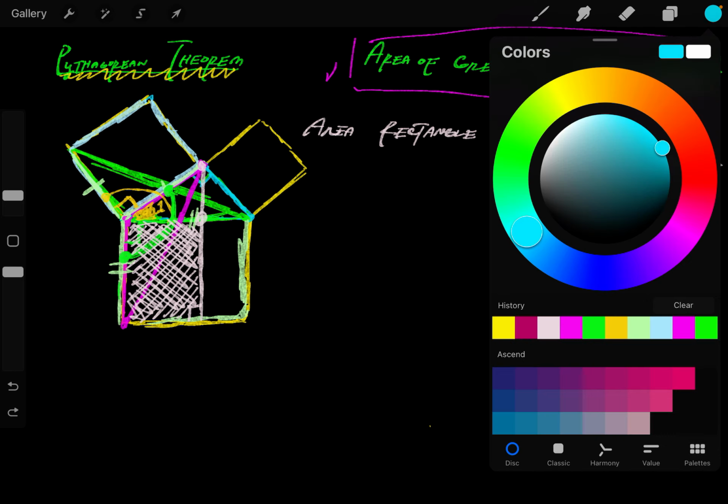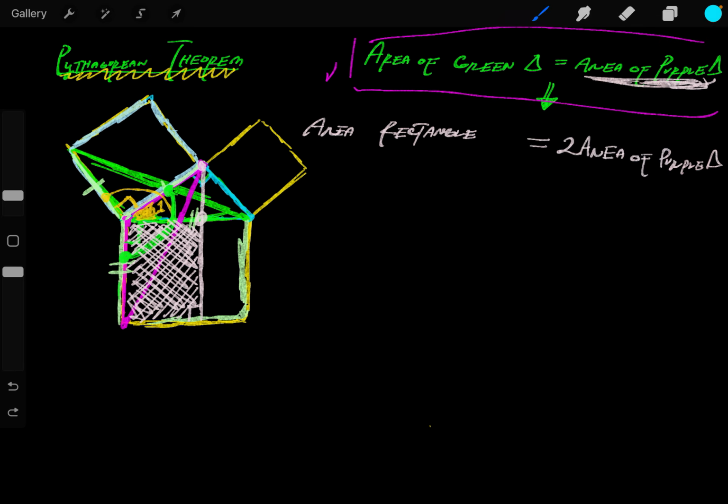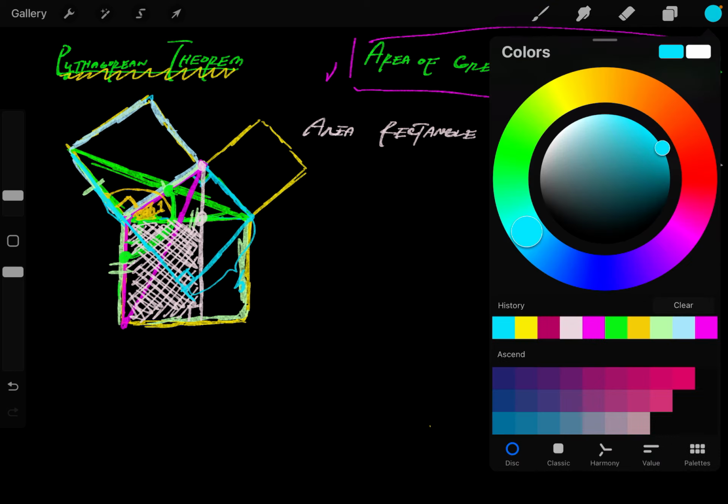If you extend this side, I'm making it in blue, the side I want to extend, and then I draw the line that's perpendicular to that line over here, this becomes an h. Okay, that becomes some h.